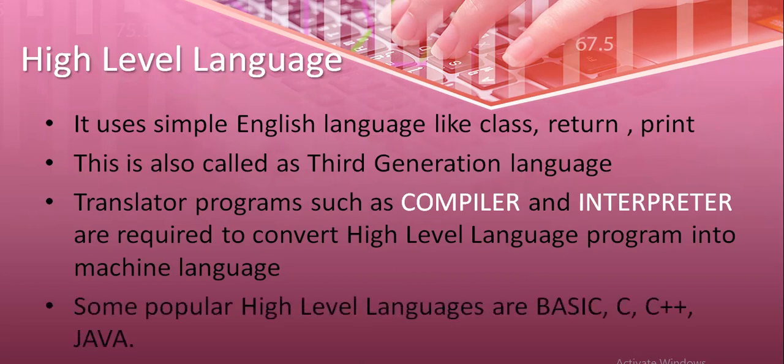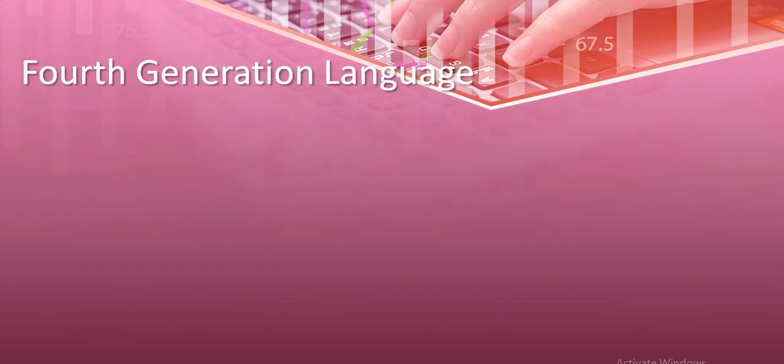Some popular high level languages are Basic, C, C++ and Java. Well, have you heard of the word Java? We learn programming in Java on computers, but the most common use of Java is in mobile phones. So mobile phones are designed in a language called Java.